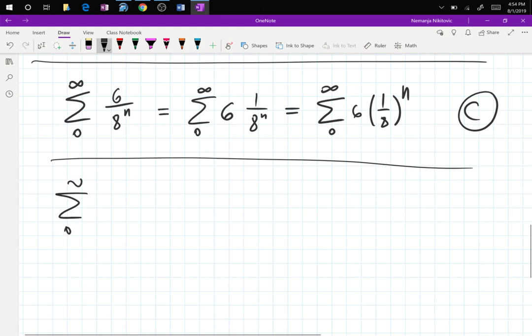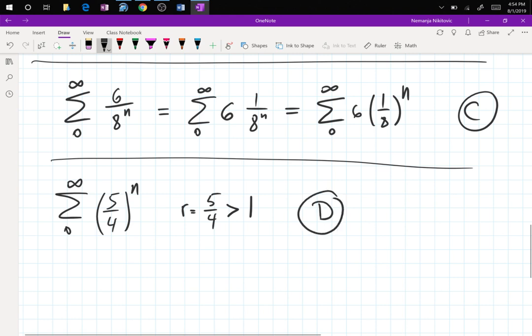Summation from 0 to infinity of (5/4)^n. Diverges. r equals 5/4, which is bigger than 1.